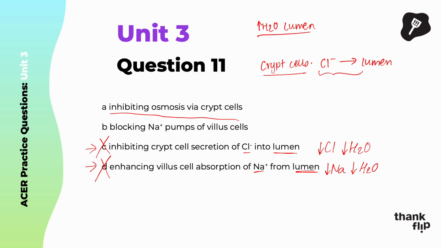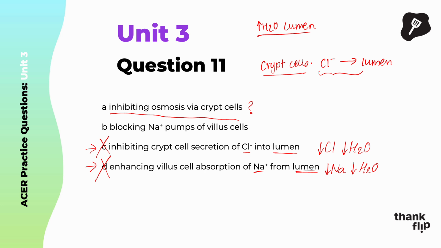Would this lead to diarrhea? You can put a question mark there, because what if this is one of the main cells that is used for osmosis? You might not know that, right? Well, technically, every cell will undergo osmosis, because there is a semi-permeable membrane in both villus and crypt cells, etc. So osmosis will occur in all cells. But say you didn't know this, you would put a question mark there.